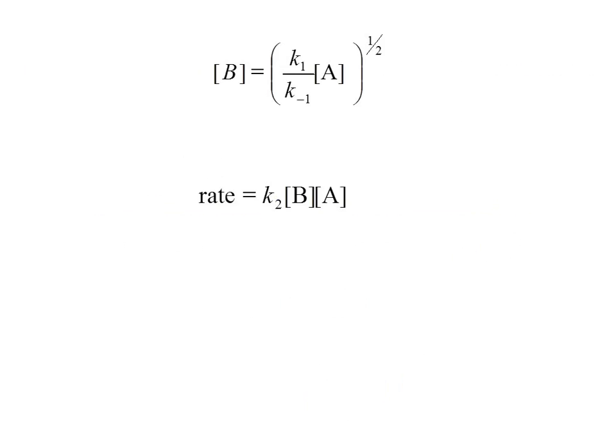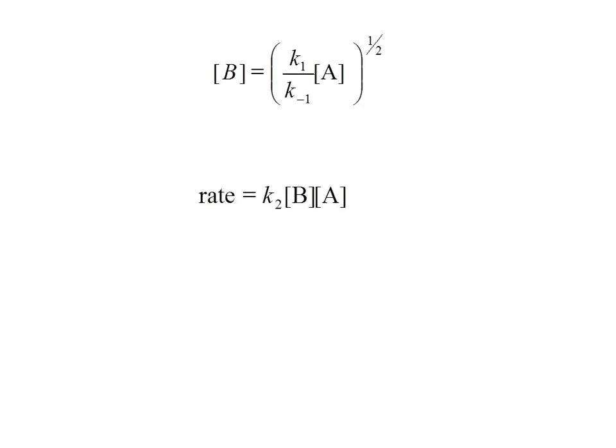Now what happens when we substitute in? Can you see where we're going to have an A to the 1/2 power times an A? If you have the same base, like A here, we can add their exponents.